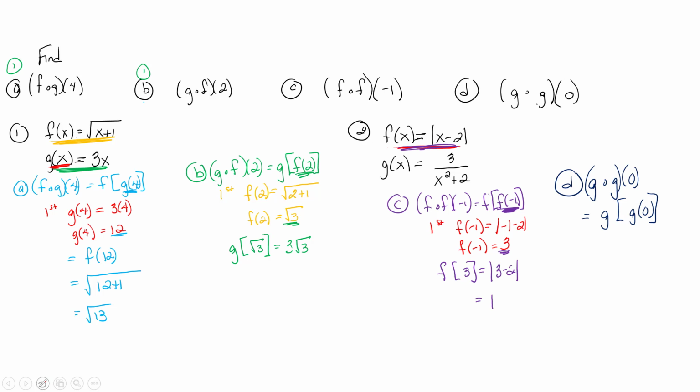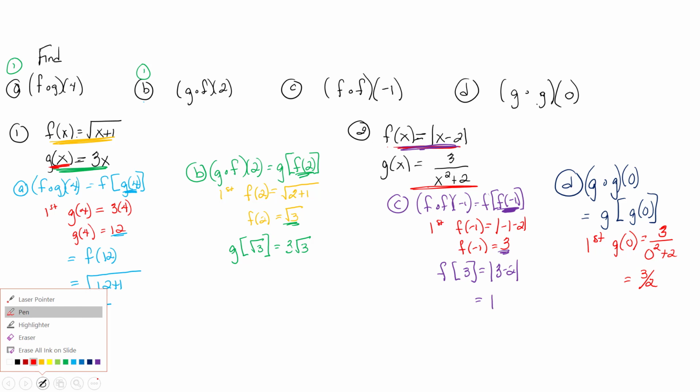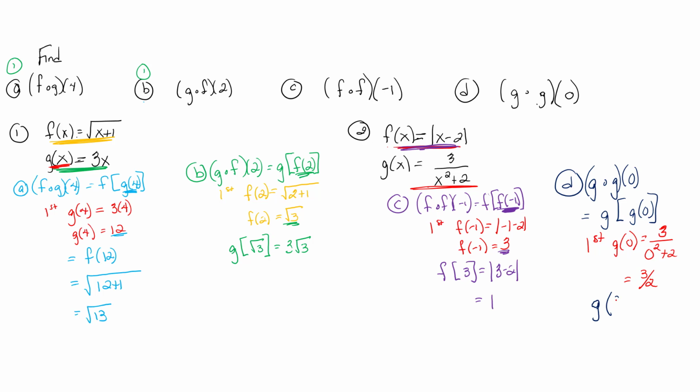So again, first things first, we need to figure out the parentheses, which is G of 0, which means I am going to take 0 and I'm going to plug it into 3 over x squared plus 2, because this is my G, which is basically just going to give me 3/2, right? Which means I'm figuring out G of 3/2, aren't I?